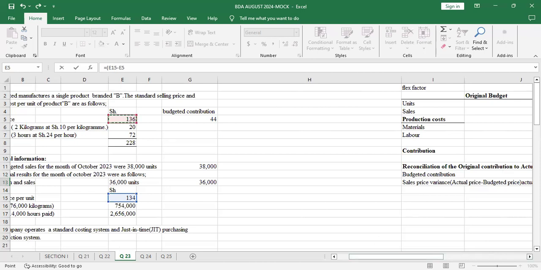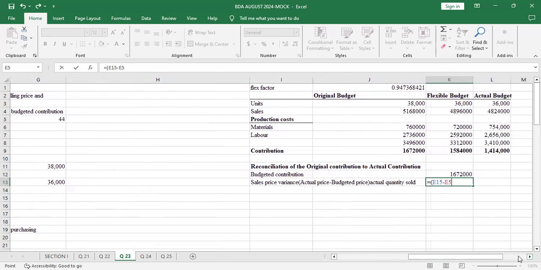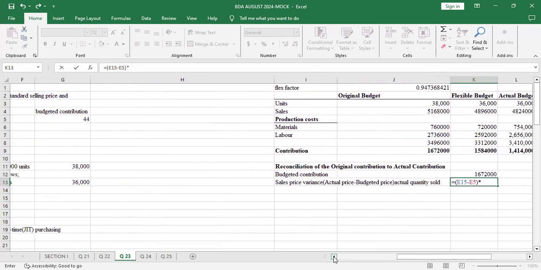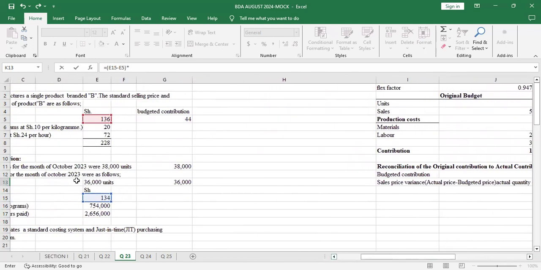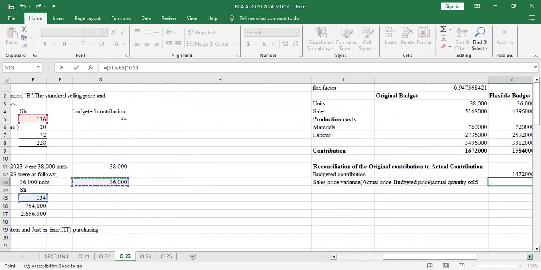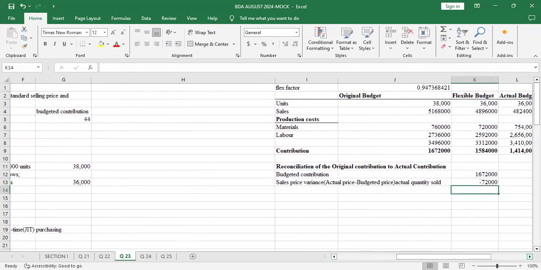Then you multiply by the actual quantity sold. So how many? It was 36 units. That was the actual quantity sold. Then you enter. So you'll get an adverse variance of 72,000.